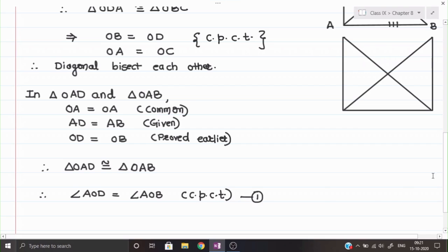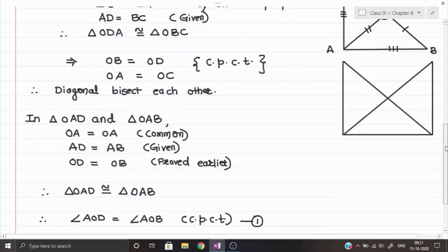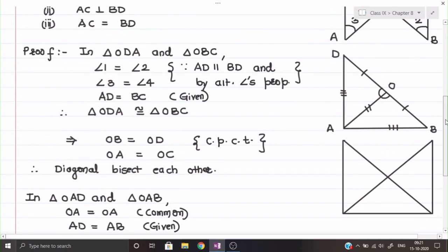Now if I see these two angles, observe they are formed on one line, that is BD, and the line AO is passing from the angle BOD. Angle BOD is a straight angle. So we can say that the sum of angle AOD and AOB will be equal to 180 degrees with the help of linear pair.